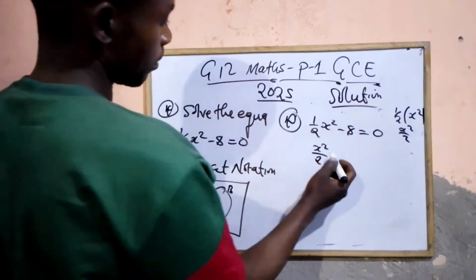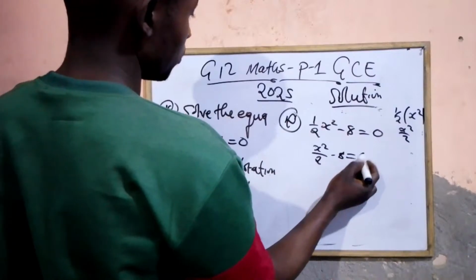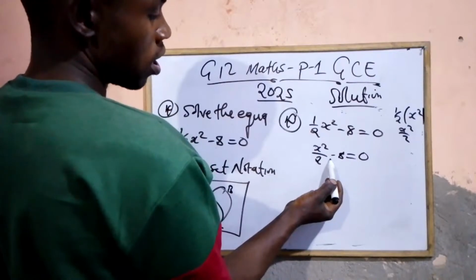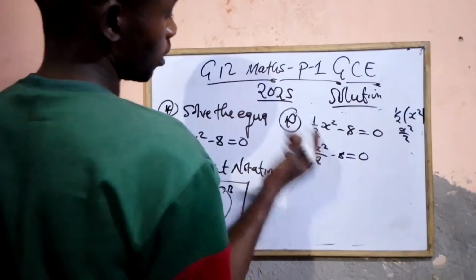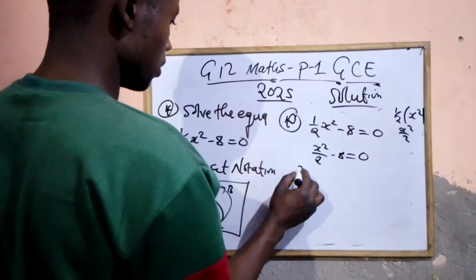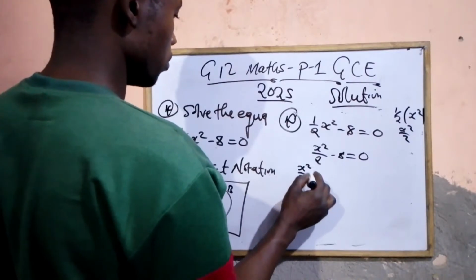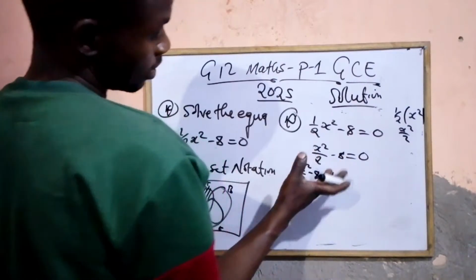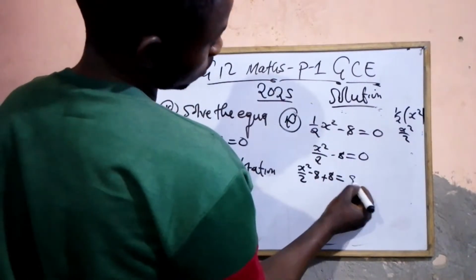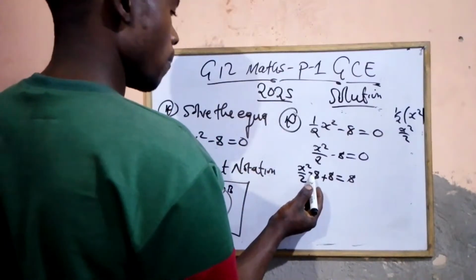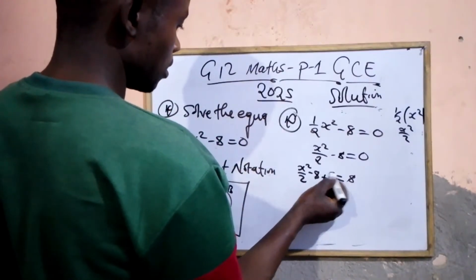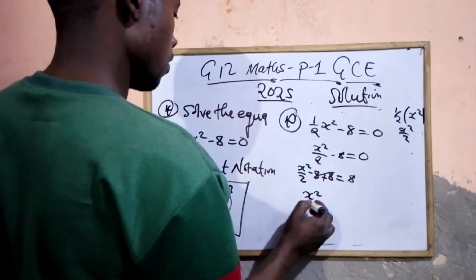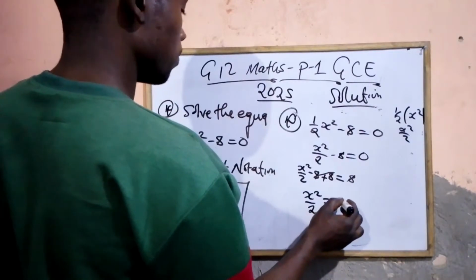So minus the 8 should be equal to 0. Then you add 8 both sides: x squared over 2 minus 8 plus 8 equals 8. So minus 8 plus 8 is 0, and we remain with x squared over 2, which should be equal to 8.